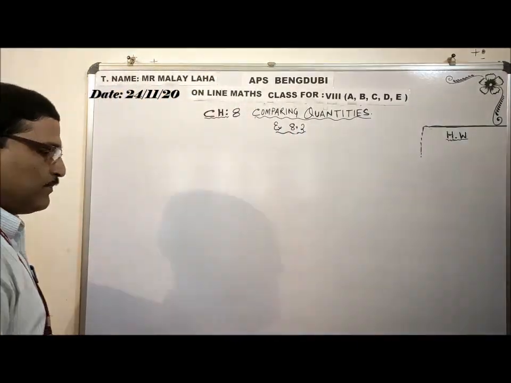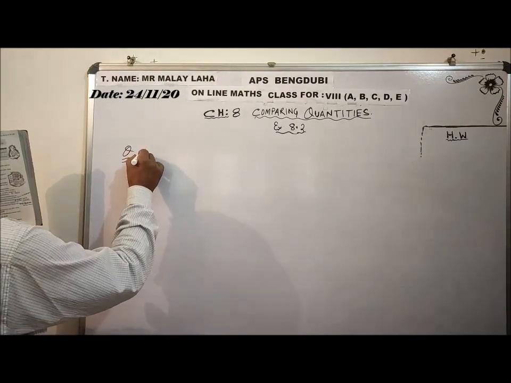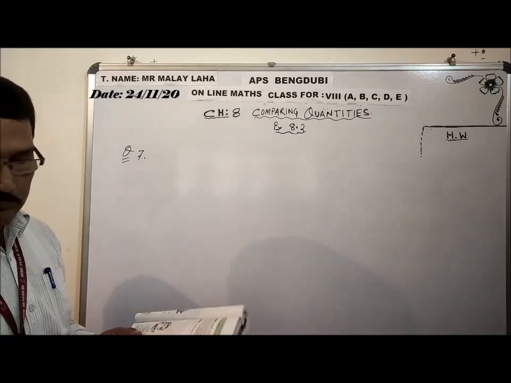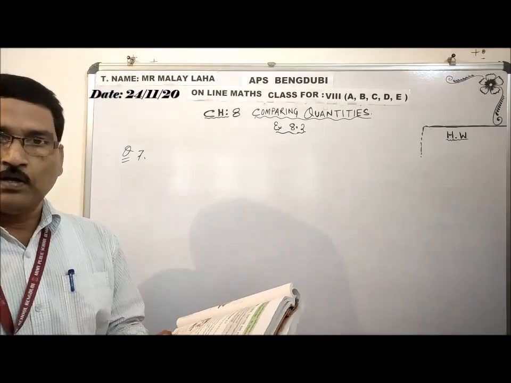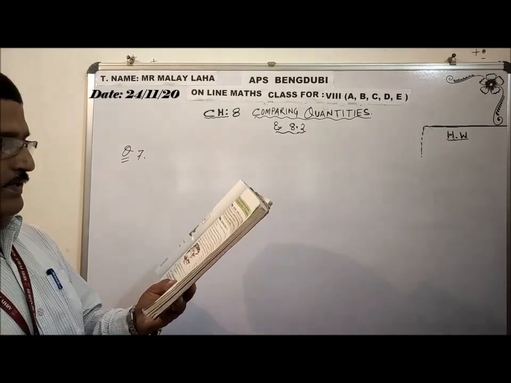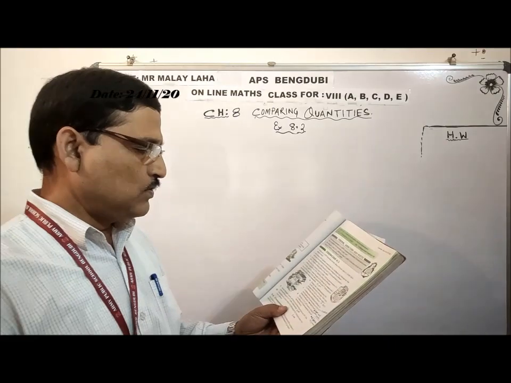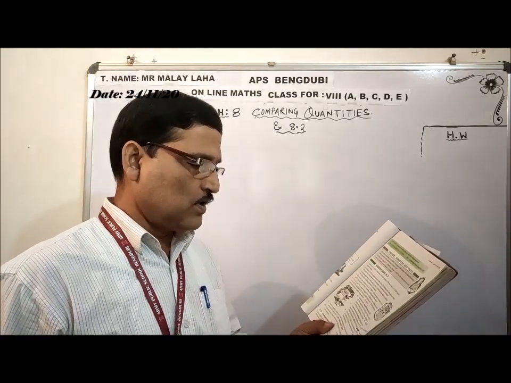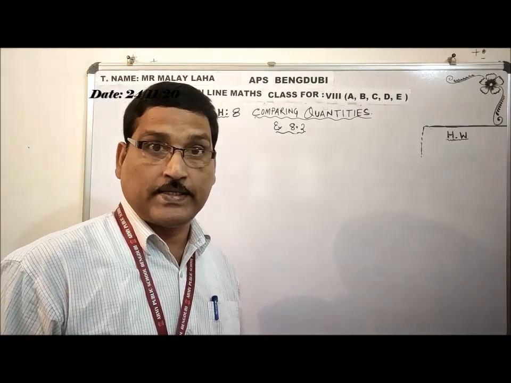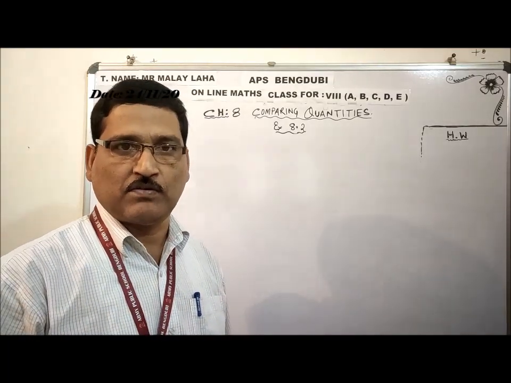Question number 7 is more or less the same as question number 5, but a little bit different. A milkman sold 2 of his buffaloes for rupees 20,000 each. That means the selling price of 1 buffalo is 20,000.